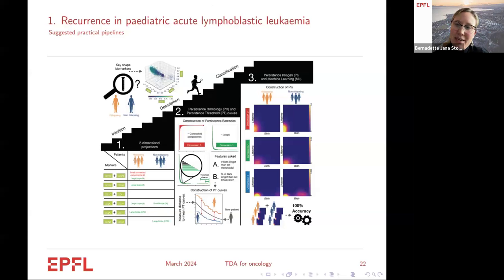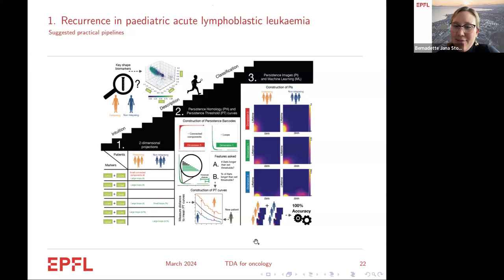And so here we were really able to distill out very concrete features to look for in these point cloud projections. As a second level, we would recommend using persistent homology on the 2D projections and then constructing these PT curves, so these persistent threshold curves, where we had a statistically significant difference between the relapsing and non-relapsing patients.